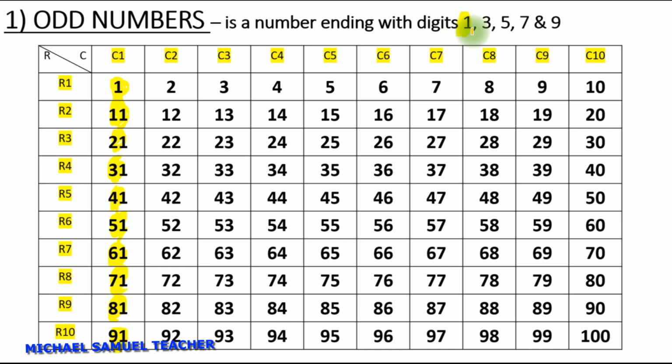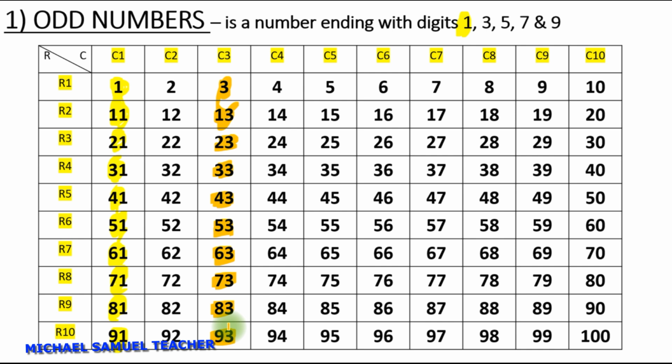Also, we have column 3, numbers ending with digit 3. So all of these numbers are odd numbers.